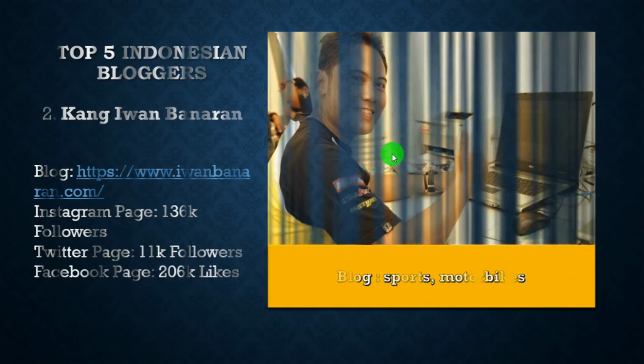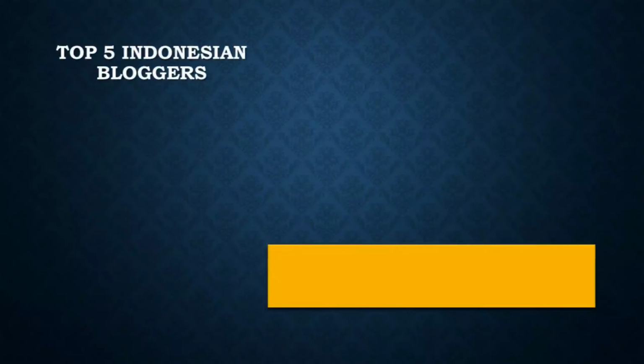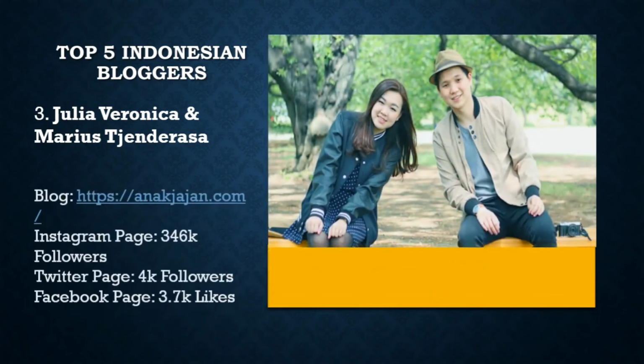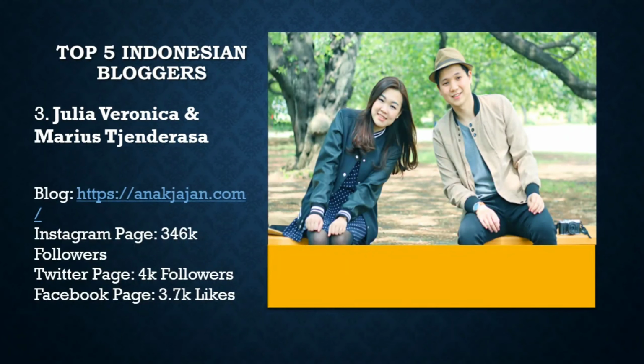And the third place goes to Julia, Veronica, and Marius Tjenderasa. This is their picture, and their blog is anakjajan.com, and they've got 346,000 followers on their Instagram page. Wow, that's a lot.